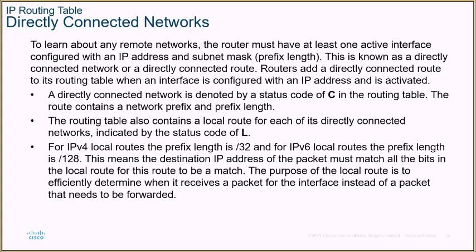This means the destination IP address of the packet must match all of the bits in the local route for this route to be a match. The purpose of the local route is to efficiently determine when a packet is received for the interface itself instead of a packet that needs to be forwarded. So in other words, is it for itself or is it for a host on that network?